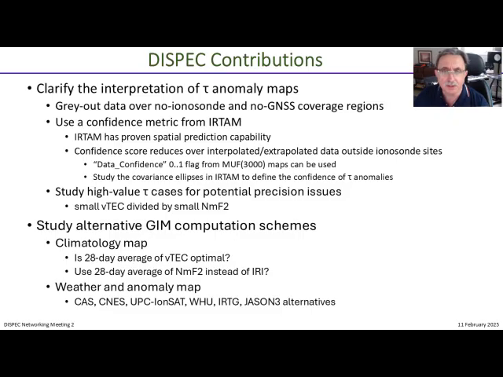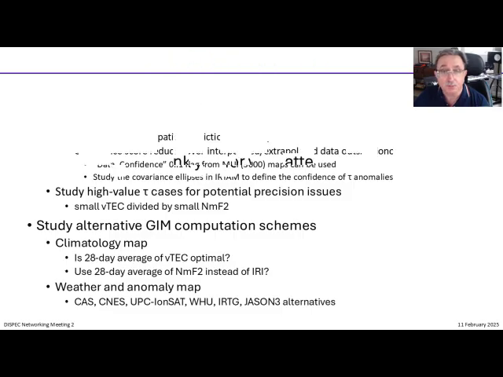And similarly, is IRI the best way of computing that quiet time reference, or we'd rather use a 28-day average of NmF2 measurements? As for the weather and anomaly maps, they do not use the averaging techniques or the instance of measurements, so their uncertainty concerns are also very important.